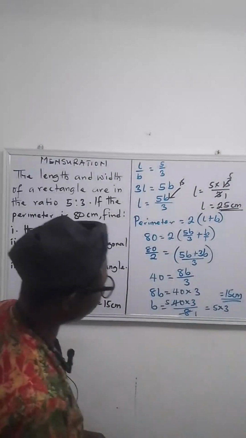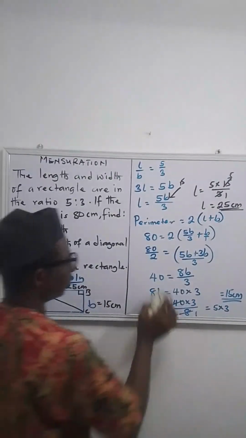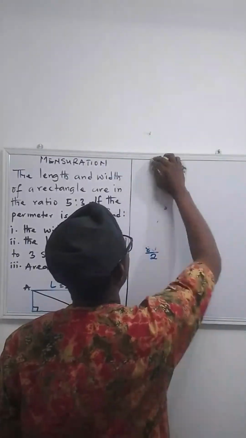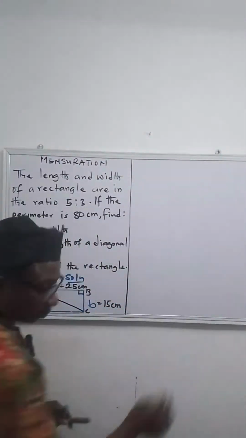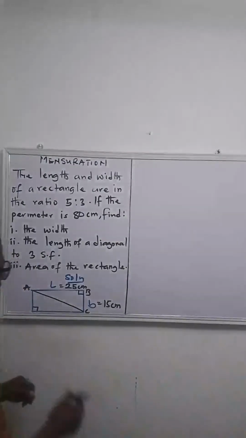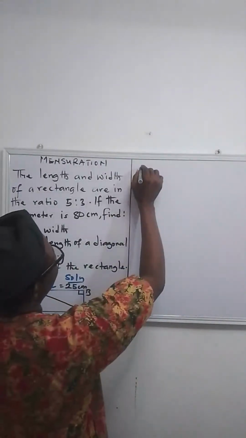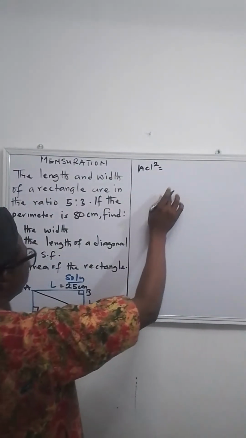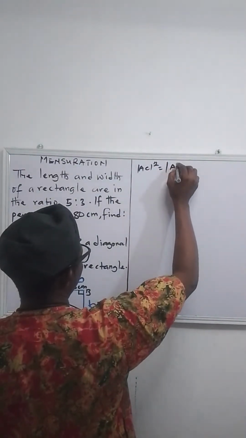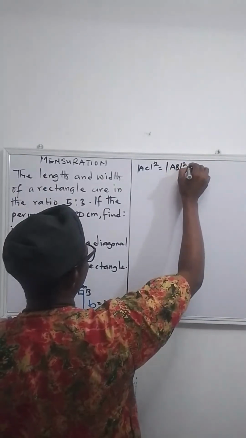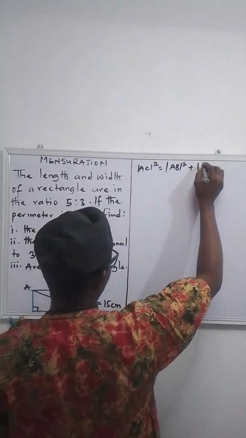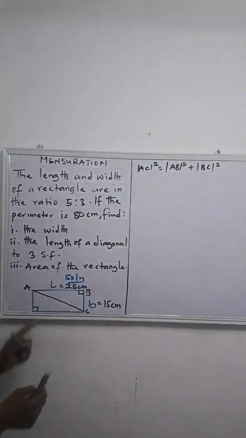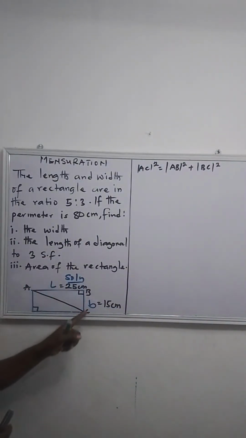So let's quickly do that and get the diagonal. So we have our diagonal AC square equals AB square plus BC square. You understand that in triangle ABC.